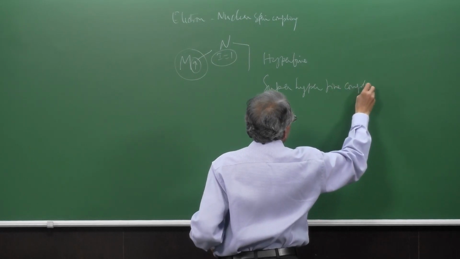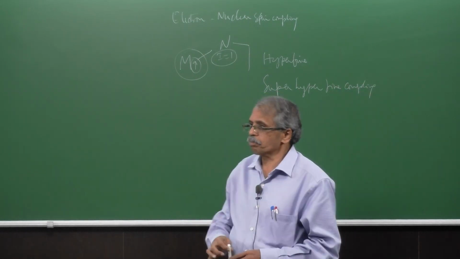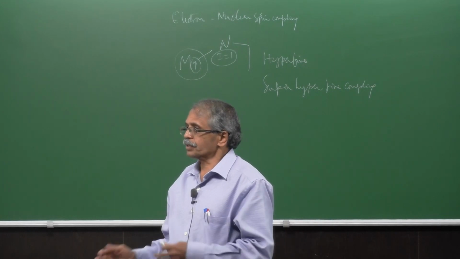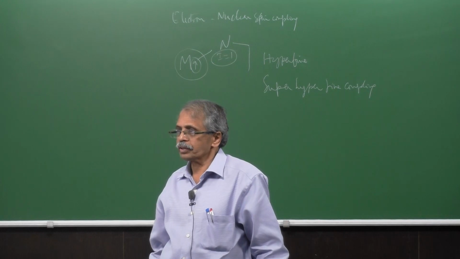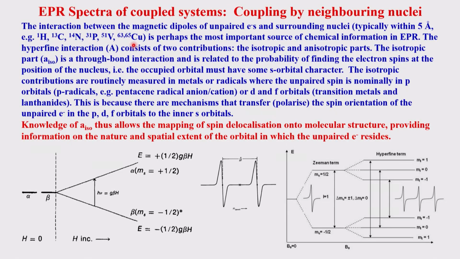So that means if you have an unpaired electron which is connected to atoms like 1H or 13C or 14N, 31P, vanadium 51, copper, many others. It is not just these 5 or 6, perhaps the most important source of chemical information in EPR.